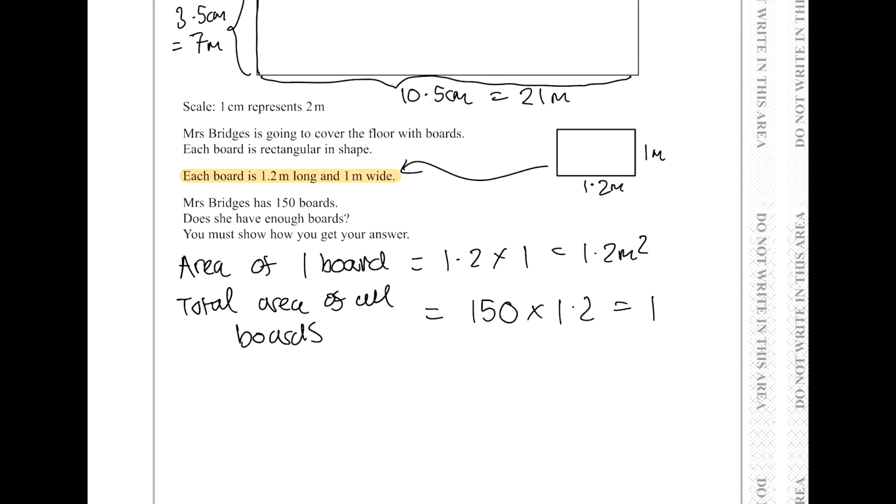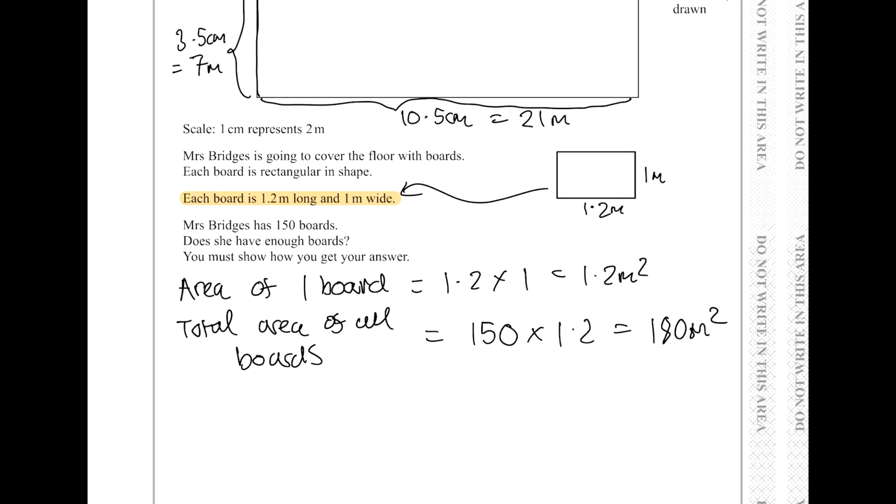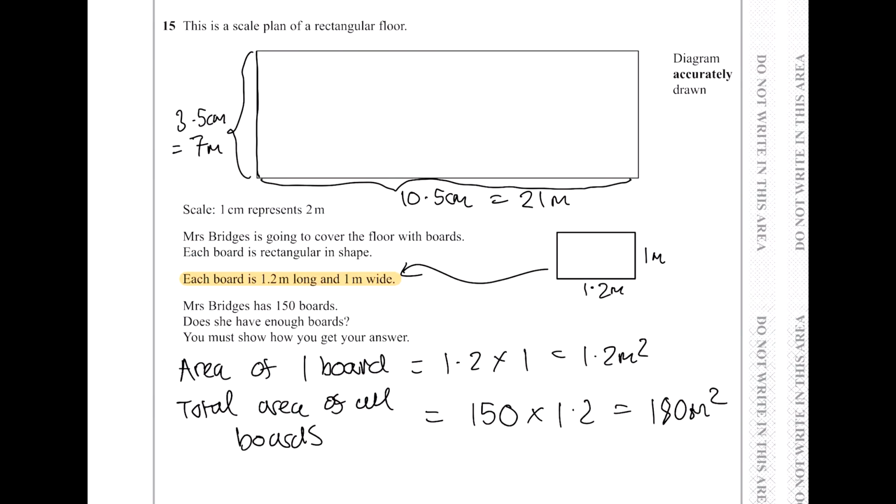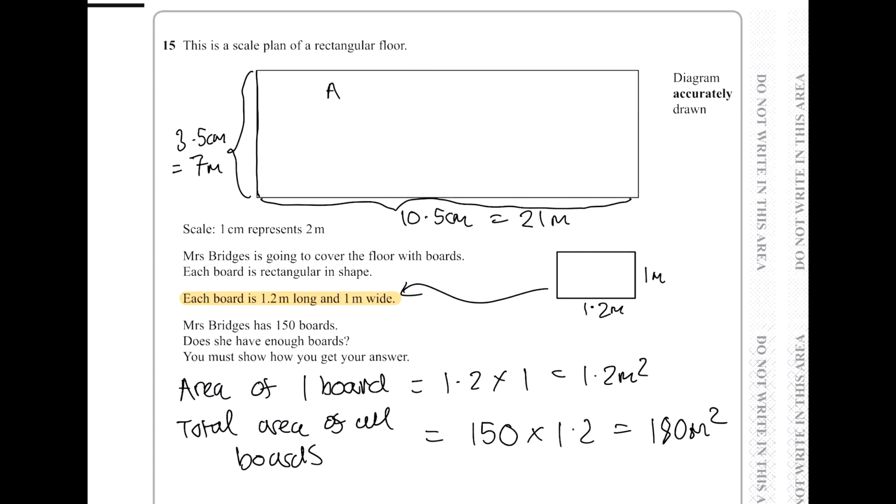So in total, you'd have 180 meters squared for all boards. And now, because we've measured the area of our floor, the area of the floor would be 7 times 21. If we do that, it's 147 meters squared.